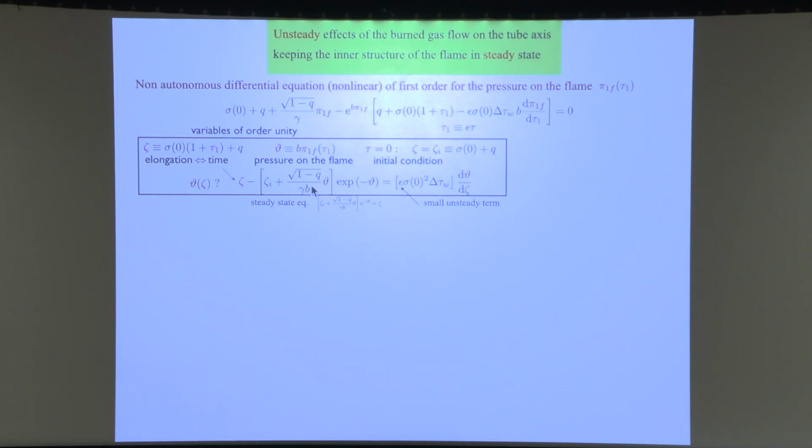And you see this exponential here is this one because I divided this equation by this term here, which is exponential minus nu. So in that case, here you have psi, which is like a time. It's the reduced elongation.